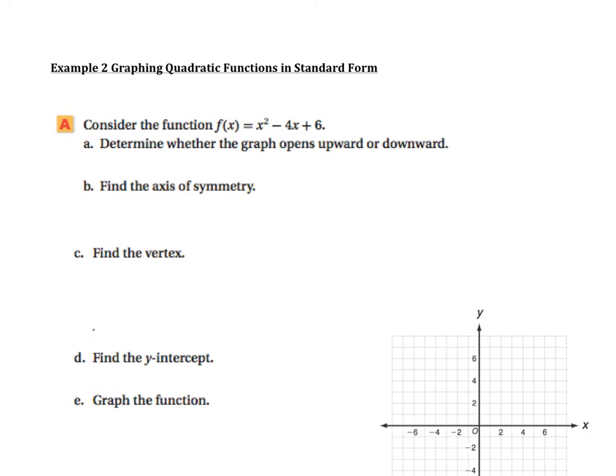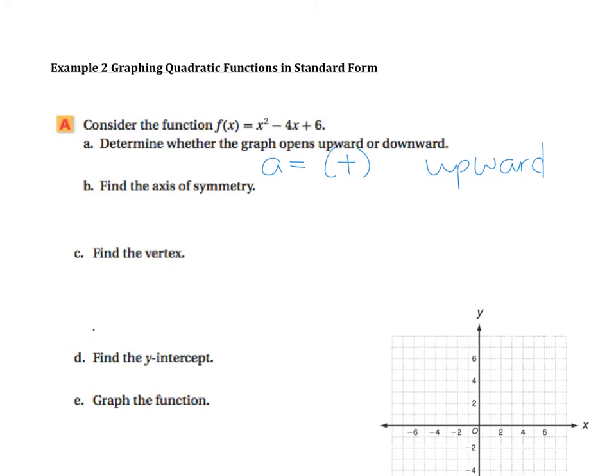All right, so let's look at a couple examples. Standard form, determine whether the graph opens up or down. Remember, that's your a. So a is positive, so it's upward.